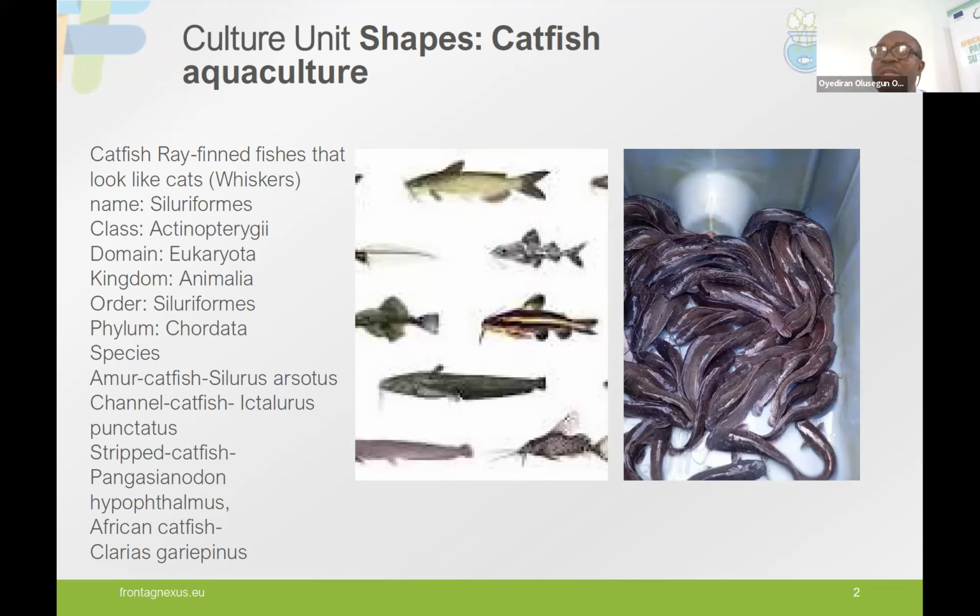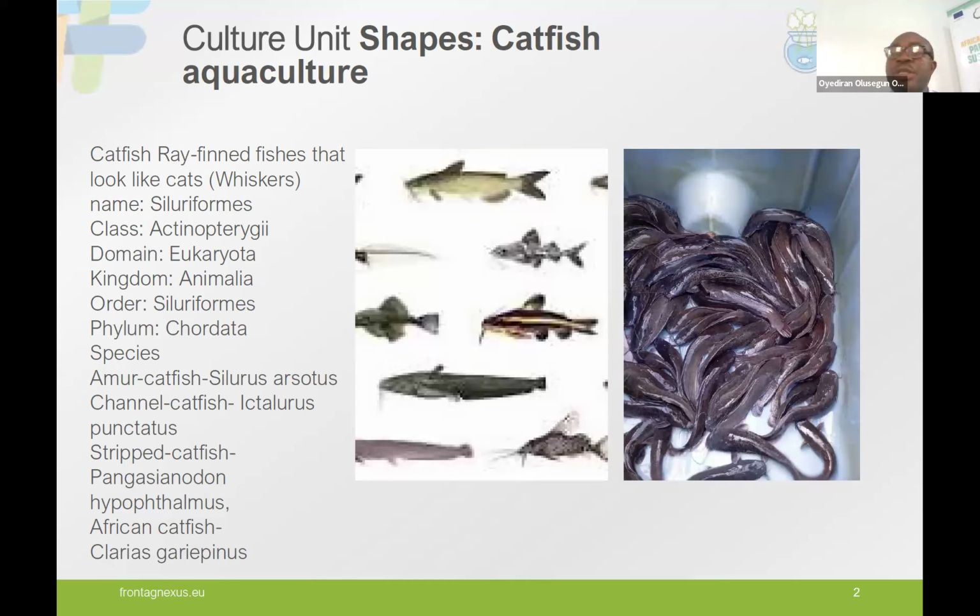And this production has led to Nigeria being the highest producer of African catfish globally, according to FAO 2021. Nigeria is also the second best aquaculture producer in Africa, courtesy of the production of African catfish. So our experience has been more in the aspect of aquaculture of catfish.